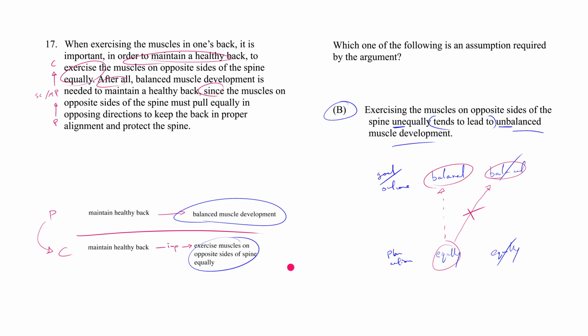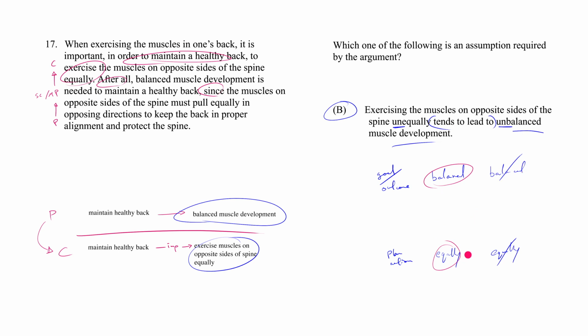There's a sense in which if you exercise your muscle, just by common sense, it's going to lead to some kind of muscle development. Really, the only option is whether it's balanced or not balanced. Those are your two only options. That's why if you reject one of these routes, you're strongly hinting at the existence of this other route. Okay? So all of that is from the equal exercise of muscles on opposite sides.